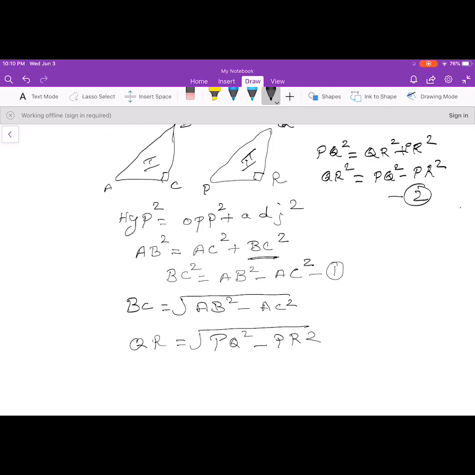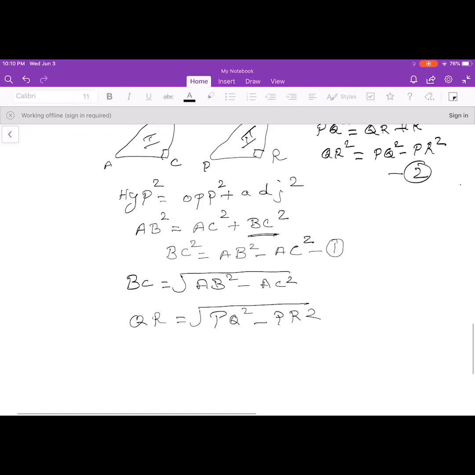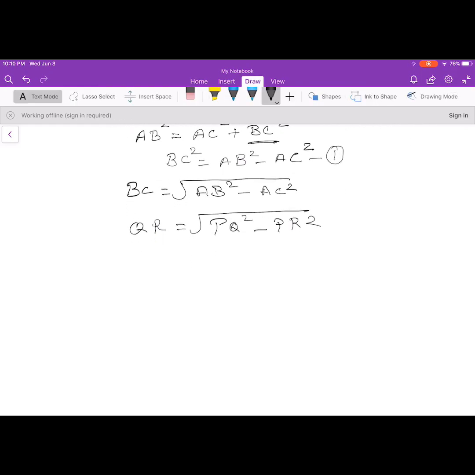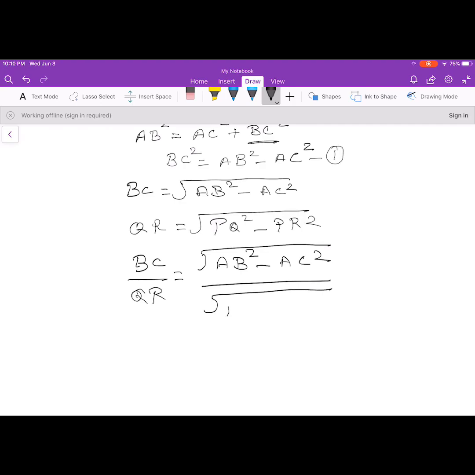Taking out the root from these two equations, I got this. Now I am dividing BC by QR. That is equal to root of AB square minus AC square by root of PQ square minus PR square.